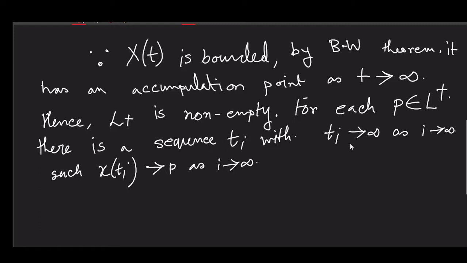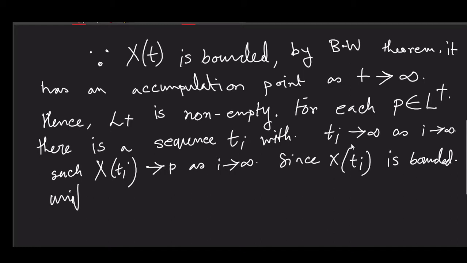Now since x(t_i) is bounded, we can conclude that x(t_i) is bounded uniformly in i.